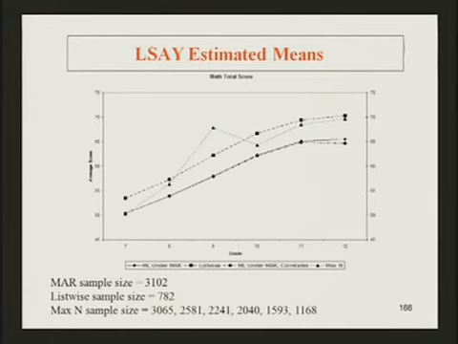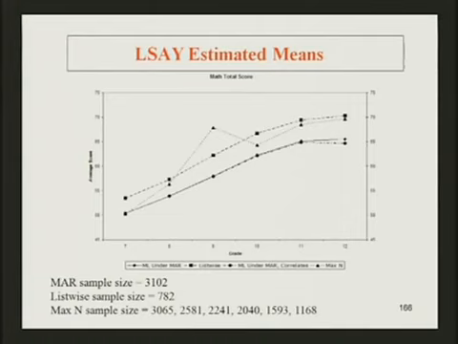Listwise is the black boxes. The listwise estimated mean is using the complete data, at all time points, to estimate the mean. Again, not a growth model, just estimating the means. What's the other possibility? Well, let's take max n, and that's a triangle, meaning let's use everybody that has an observation on the math achievement at that grade.